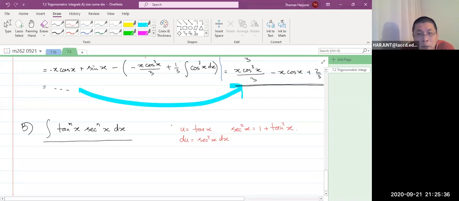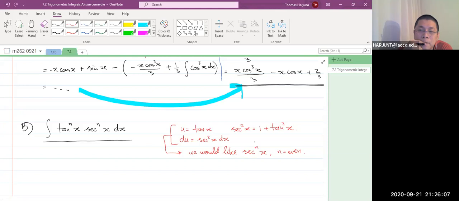From here, I hope you realize that we would like secant to an even power. Why? Because I can pull out secant squared, and the remaining becomes in terms of tangent.